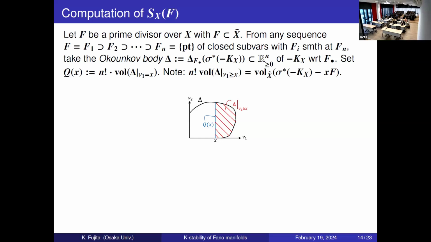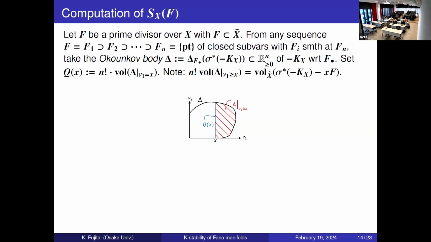And let us assume that the first stage, the codimension 1 member of the flag, is taken to be F. That's the most important. From this admissible flag, it is somewhat well known that we can construct a convex compact set, the so-called Okounkov body of minus K, more precisely of minus K with respect to the admissible flag.